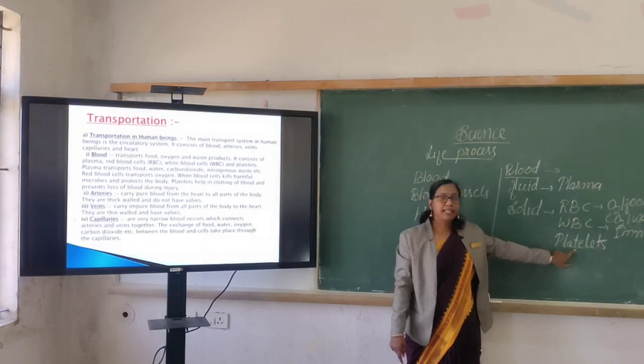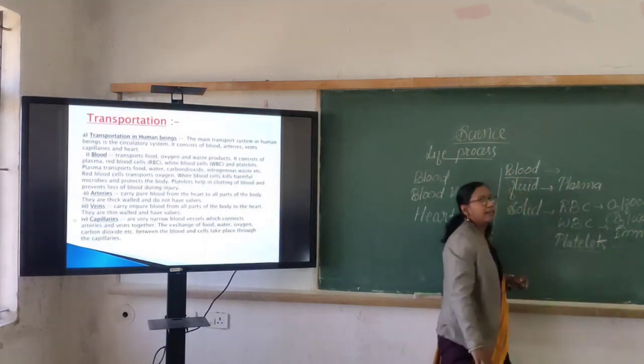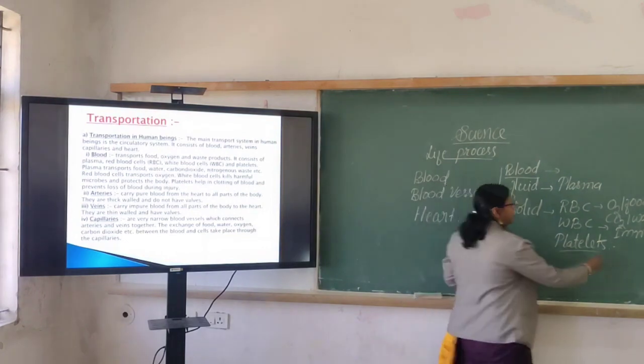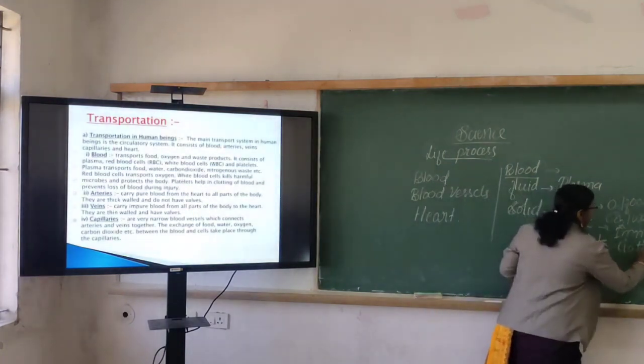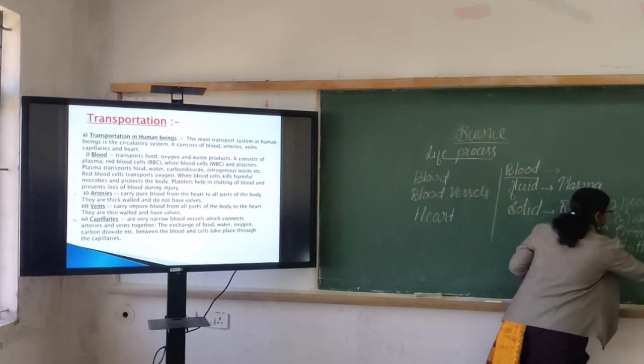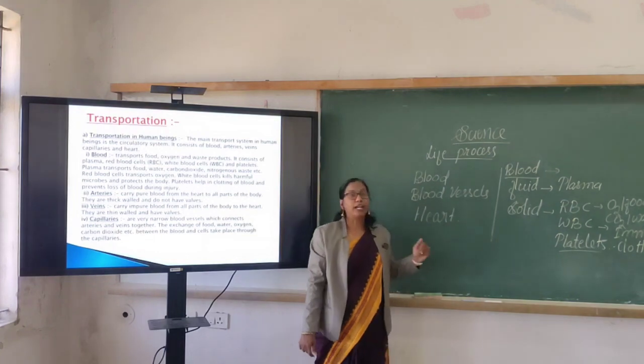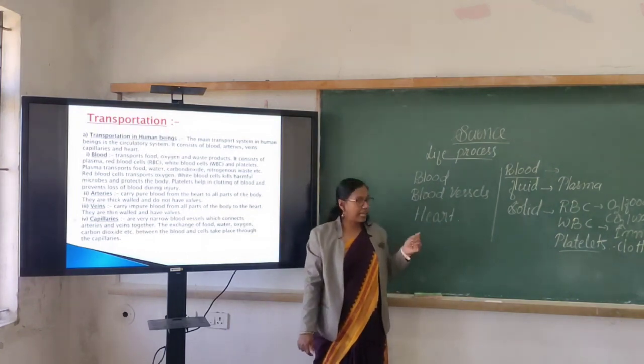Let us see what is the function of the platelets. Platelets are the major structures present in the blood which help in clotting of blood. What is clotting of blood? Blood gets solidified when it comes in contact with the air.